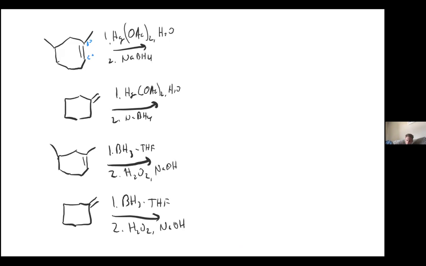We're going to end up with an alcohol coming off of here. Same thing on our next one. We have a tertiary and a primary. Our double bond is going to end up forming an OH at this more substituted center.